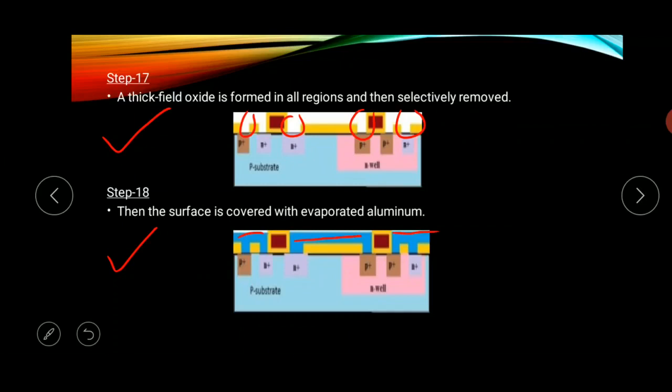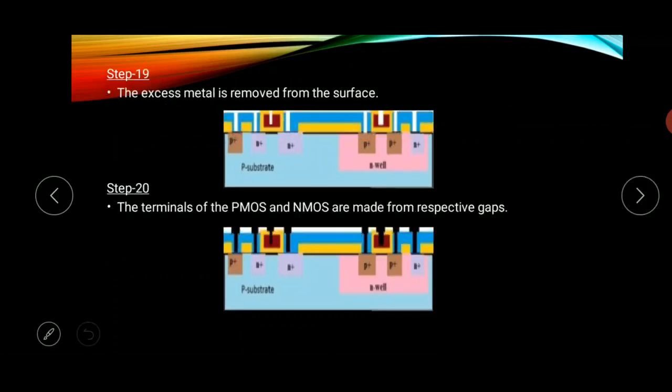So this step is used for the formation of metal terminals which can provide interconnections. So evaporated aluminum is spread on the whole surface. In step 19, the excess metal is removed from the wafer layer. After the removal, these white gaps are formed.